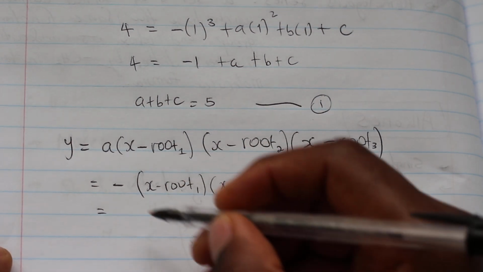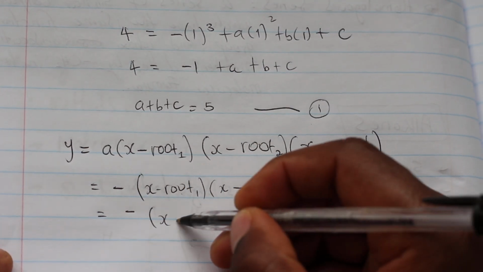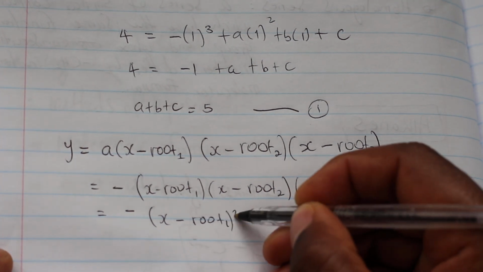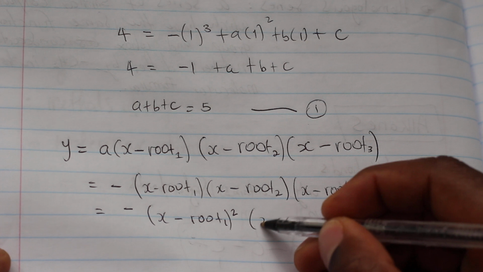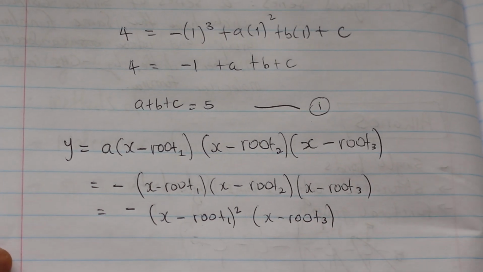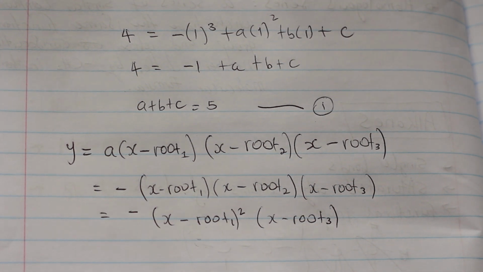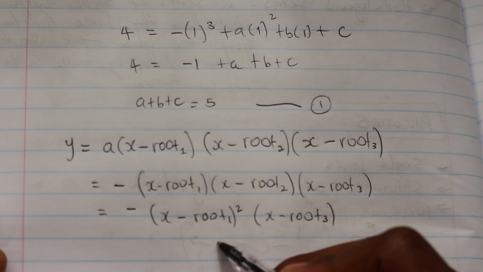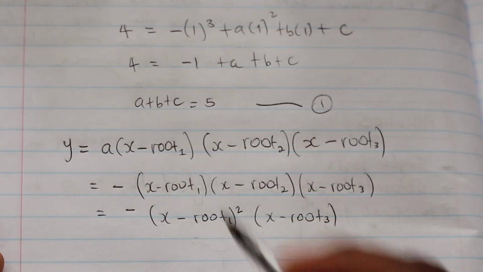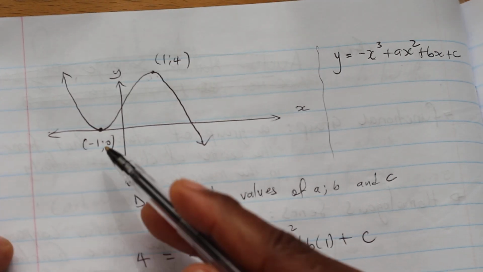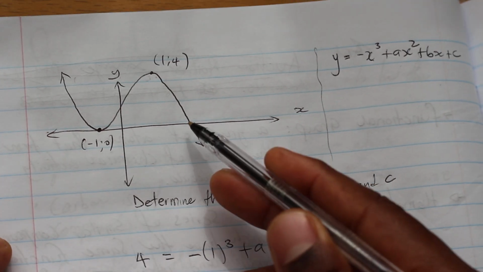So if the two are equal, that means we've got this situation: (x - root 1) squared, times (x - root 3). And we know for sure that root 1 is our negative 1. We don't know anything about that root over there.